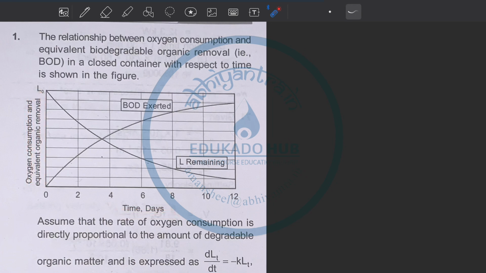See, this is the line of BOD exerted and this is the line of BOD remaining.